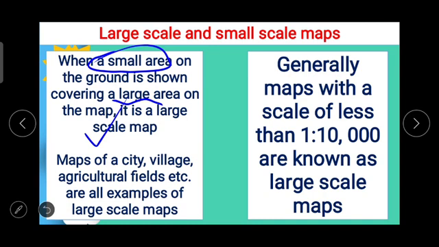Maps of a city, village, agricultural fields, etc. are all examples of large scale maps. And generally, maps with a scale of less than 1:10,000 are known as large scale maps.